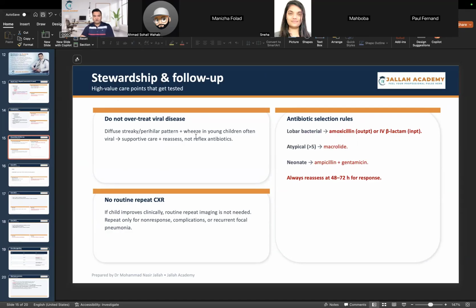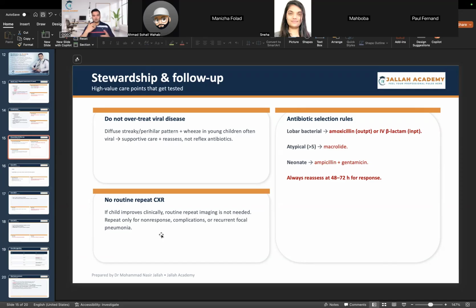Okay, stewardship and follow-up. Do not over-treat viral disease. Obviously, we know that, so I'm going to skip it. No routine repeat X-ray. We know that the X-ray might take 6 to 8 weeks to get back to normal.